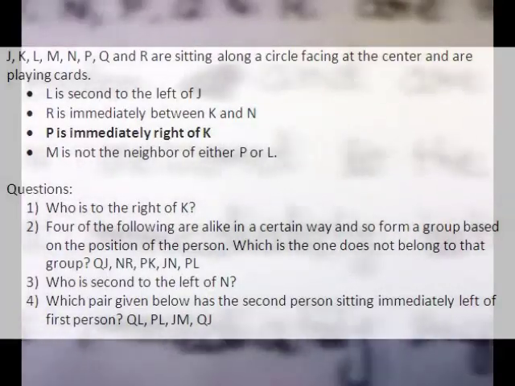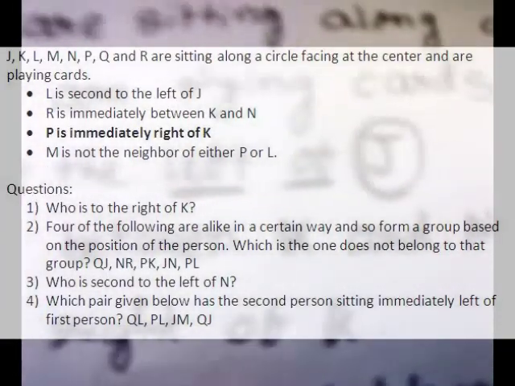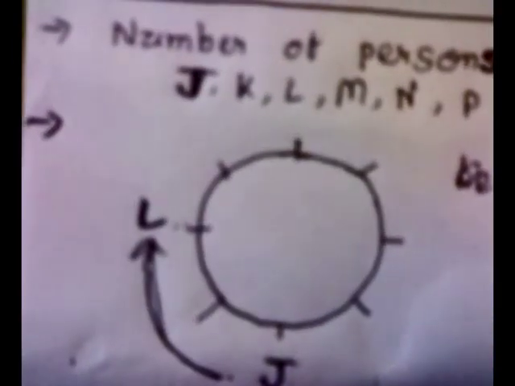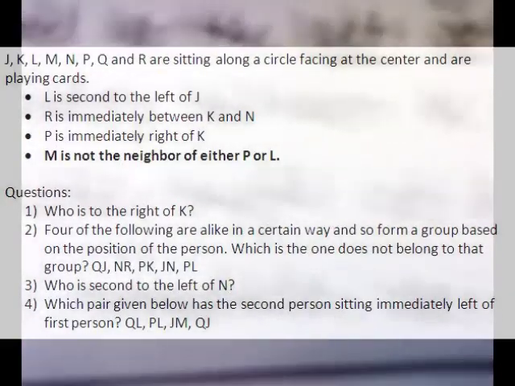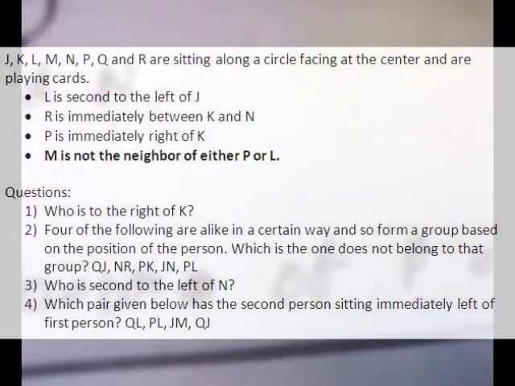So we'll move ahead and read our third condition, that is P is immediately right of K. Here again the letters P and K have no relation with L and J, so we cannot put P and K on the circle right now. So we'll move ahead and read the next condition, that is M is not the immediate neighbor of P.